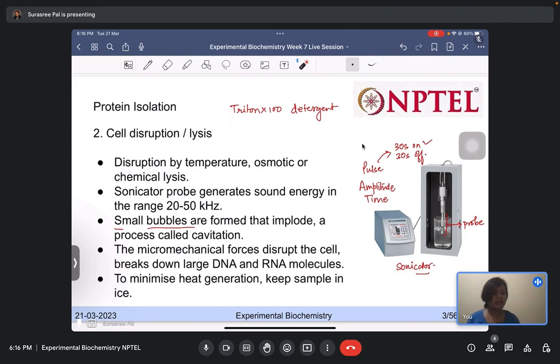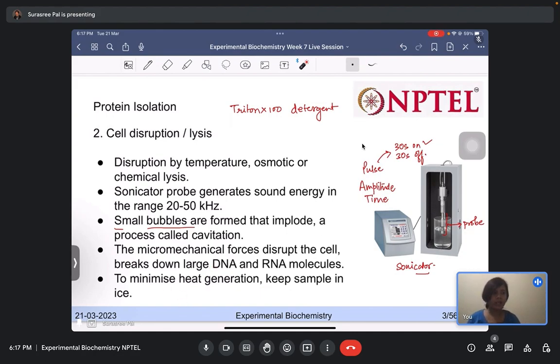Because of this, the micromechanical forces disrupt the cell wall, and also break down the large DNA and RNA molecules. Since the sonicator probe generates sound energy and breaks down the cell wall, it also generates a lot of heat.